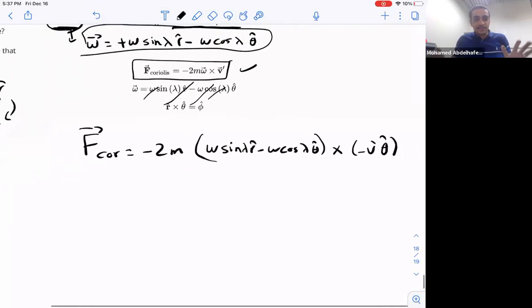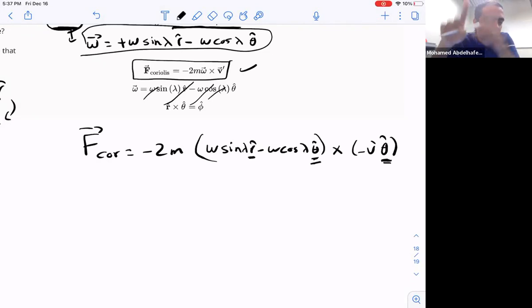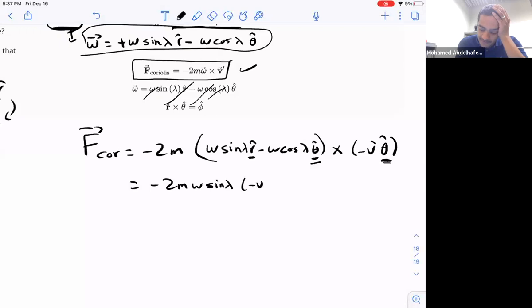So it looks like this. We just need to do the crosses. So we have an r hat cross theta hat, and we have a theta hat cross theta hat. Theta hat cross theta hat is 0. Like any two parallel vectors, there's no cross. So the second term we don't have to worry about. There's only the first term, so you get minus 2m omega sine lambda (v minus v prime), then r cos theta, basically.